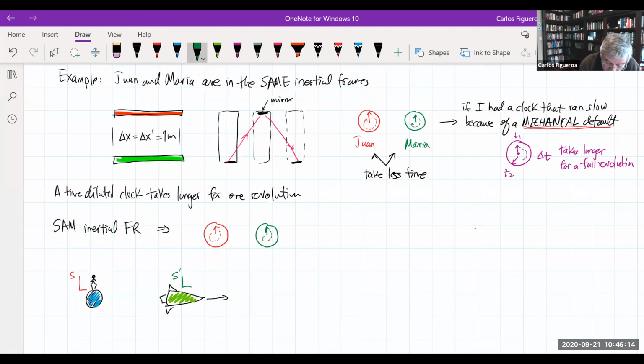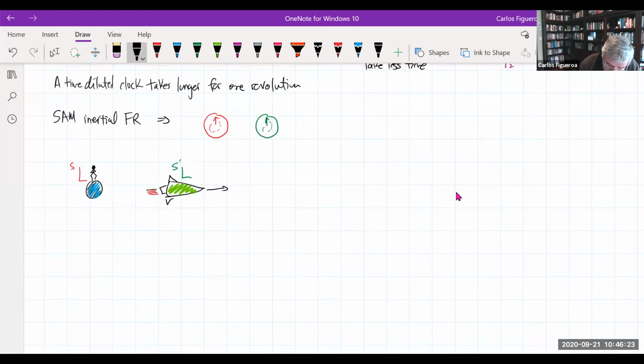So what do we expect here? The fact that this thing is moving here, what we're saying is that we expect from time dilation that Juan's clock is going to make one full revolution all the way around, while Maria's clock will not make a full revolution. It's going to take longer to make.